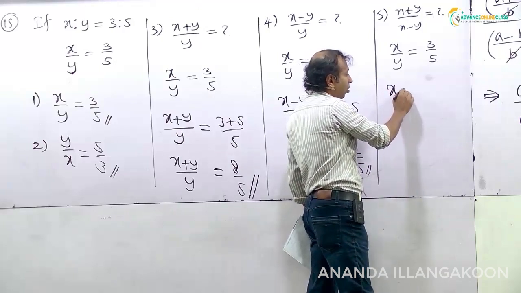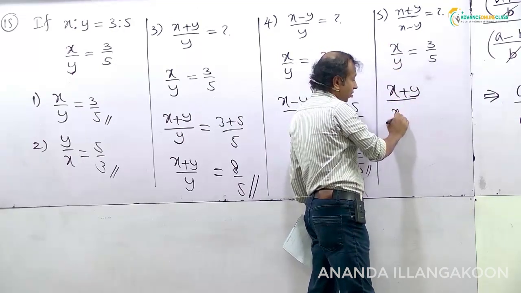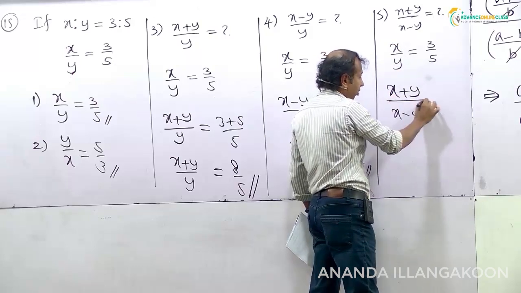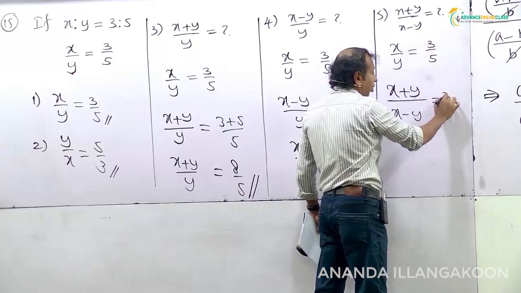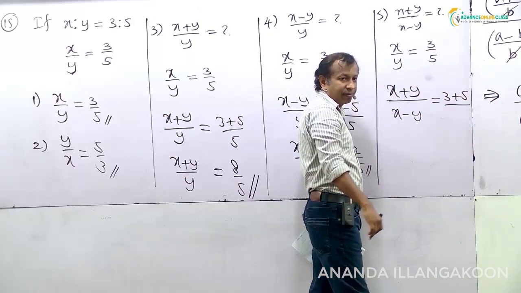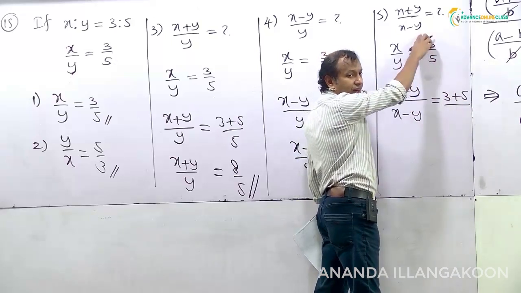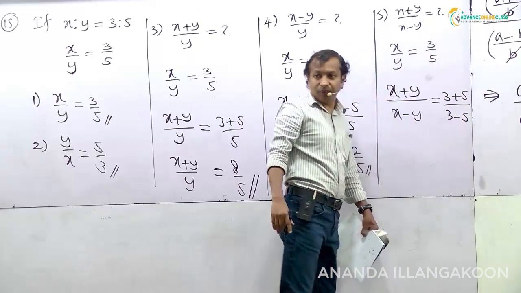Left hand side, x plus y divided by x minus y. Yes. Apply to the right hand side, same thing. 5, we have to add to 3, and 5 should be subtracted from 3 right below the line. 3 minus 5. Okay, no?